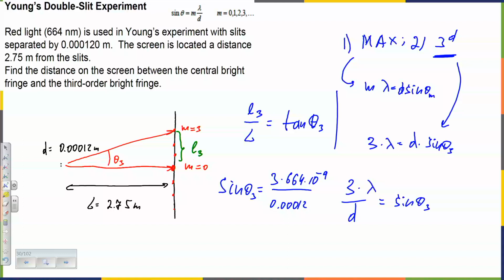For you, now, it's time to take a calculator and calculate this number and then plug it in here and then calculate this number again. That will be equal to 2.75 times tangent of this angle.